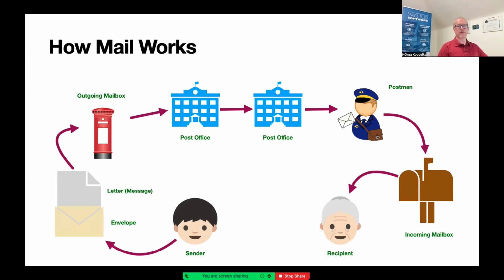So before email, if you wanted to send a letter to someone, you put it in the outgoing mailbox. Then someone from the post office took it out, and then it traveled from one post office to another post office. Then in the final destination post office, a postman took the mail in the envelope and put it in your mailbox. So this is how mail worked before email.